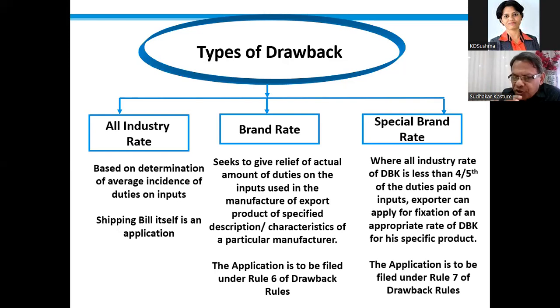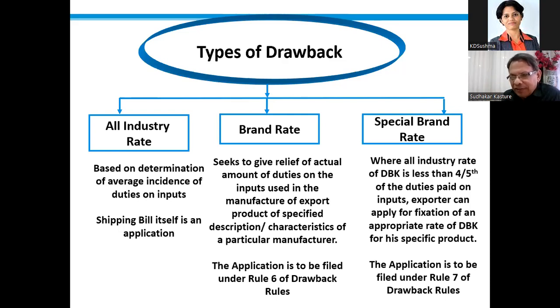It is based on average incidence of duties on inputs. Shipping bill itself is an application. So you have to file the shipping bill, tick mark the column, say this is my rate applicable for my product. Government will credit that money to your account. You have to open a specified bank account for this particular purpose. This is automated process.